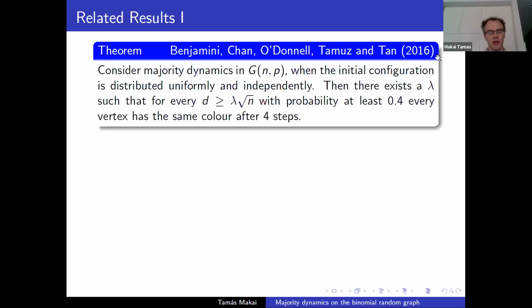Then when the average degree is larger than lambda times root n, where lambda is some large enough constant, then in 4 steps, every vertex will have the same color. The only problem is that instead of showing this with high probability as the conjecture would like, they show it with probability at least 0.4, which is smaller.